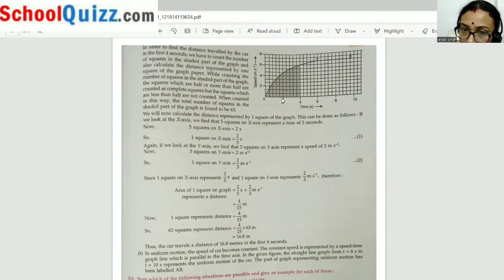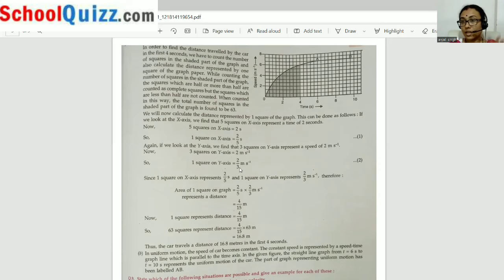The time is 2 seconds, so for one box, the time is 2 by 5 seconds. For the 3 squares on the y-axis, 1, 2, 3, this is 2 meters per second. So 1 square on the y-axis is 2 by 3 meters per second.